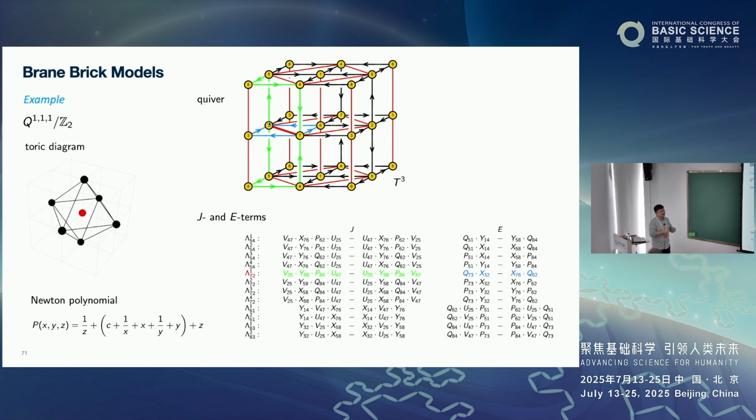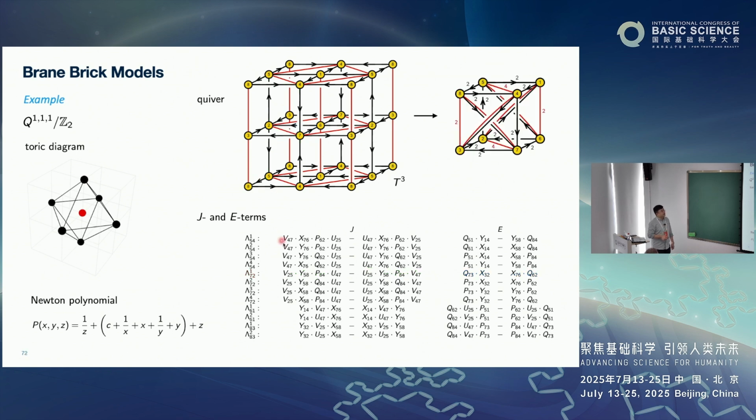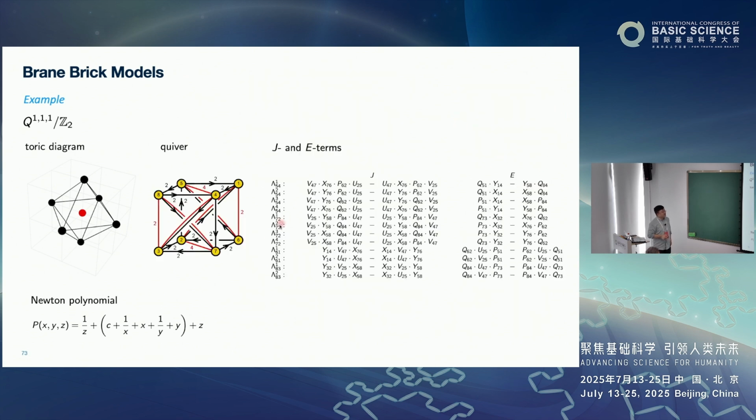In fact, that Calabi-Yau algebra on this quiver is expected to be associated to the same Toric Calabi-Yau 4-fold that it starts with. I can simplify this periodic quiver on T3 into a single quiver without the periodicity, and that will then be my data set: the Toric Calabi-Yau 4-fold, the quiver diagram of the 2D (0,2) theory, and the J and E terms.